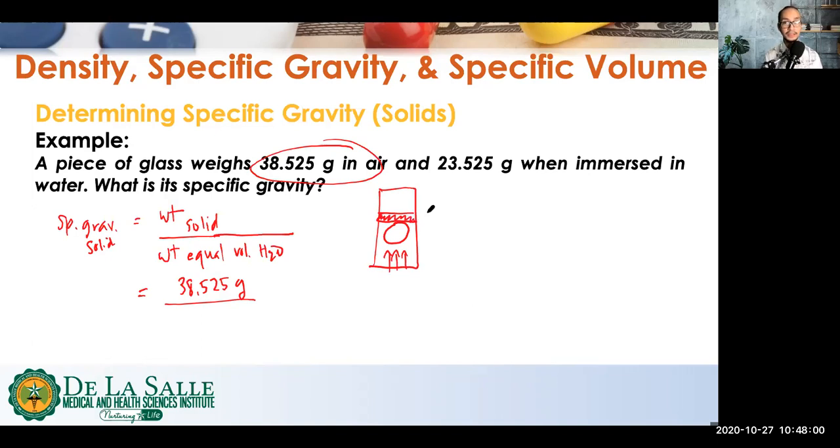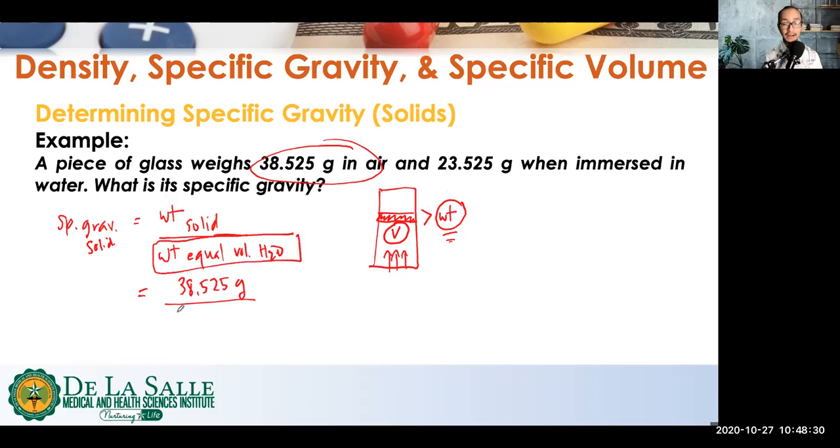So by determining the apparent loss in weight of the solid, we can determine the weight of the displaced liquid. Now, that displaced liquid has the same volume as the solid that is immersed in it. So, yun na yung weight of equal volume of water.